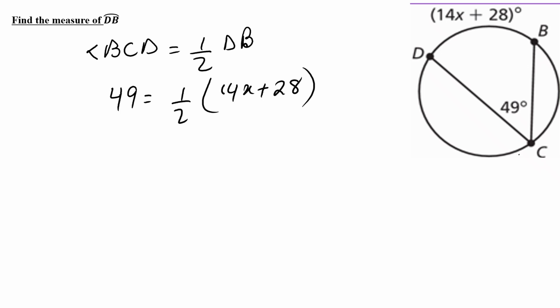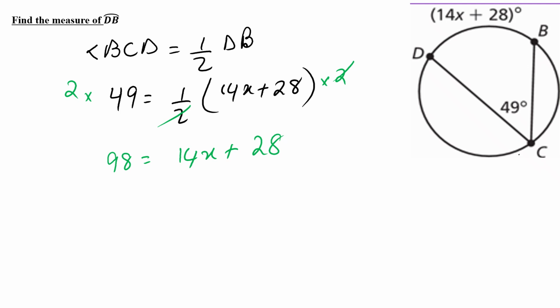Now get rid of this 2 by multiplying both sides by 2, because I don't like this 2. So 49 times 2 gives me 98. Okay, so 98 equals 14x plus 28.